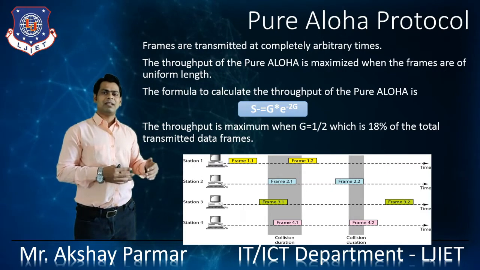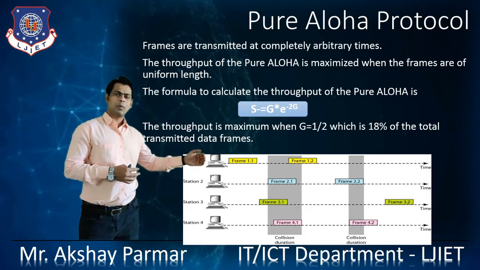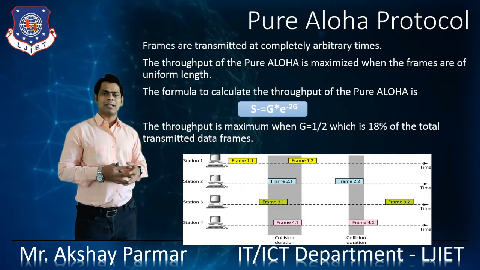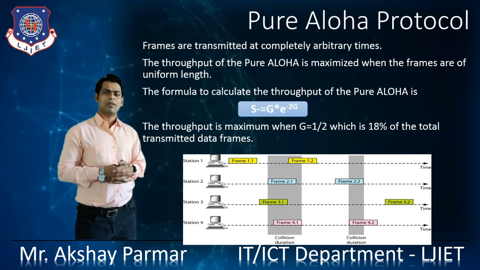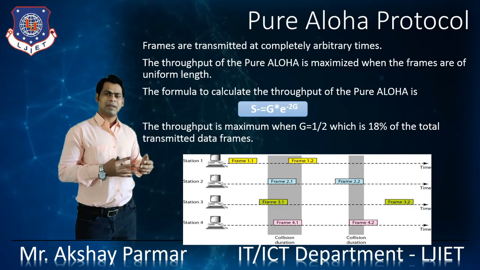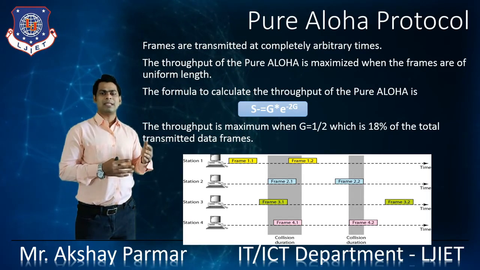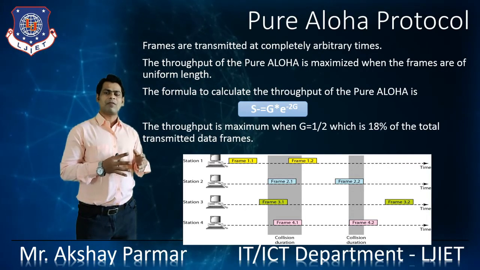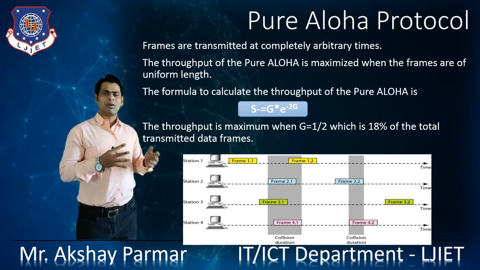Sender 2 is sending frames 2.1 and 2.2 respectively. Frame 2.1 is sent first and 2.2 is the second frame sent by sender 2. Like that, sender 3 and sender 4 are sending the frames: frames 3.1 and 3.2 by sender 3, and frames 4.1 and 4.2 by sender 4, whenever they want to send, right?